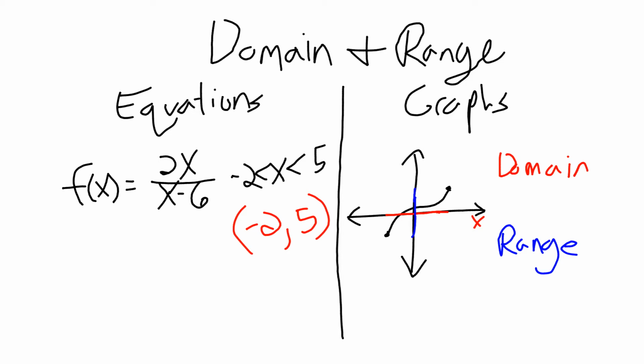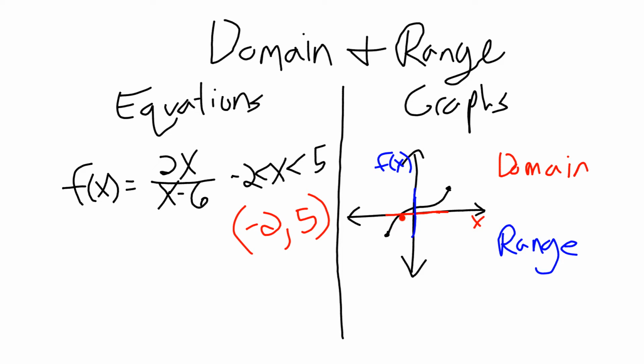Now, the range is going to be practically the opposite. Look at all of the different values that you could have for your y-axis. Keep in mind that eventually we're going to stop calling it the y-axis. Really, it's the f of x axis. This interval from the lowest point to the largest point is going to be the range.